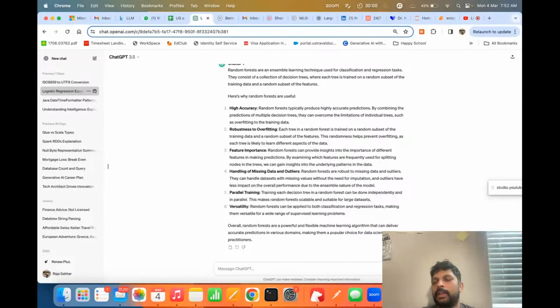So you use multiple models together, and together these models have given you a specific output. So ensemble learning technique is where you do the same thing by using different models.